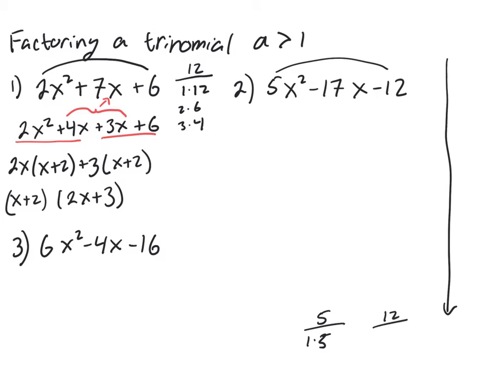And 12, we have 1 times 12, 2 times 6, 3 times 4. So I essentially want to take some combination of these three numbers and then get two numbers from that. It's a little bit weird, but a little bit easier than looking at so many factor pairs of 60.